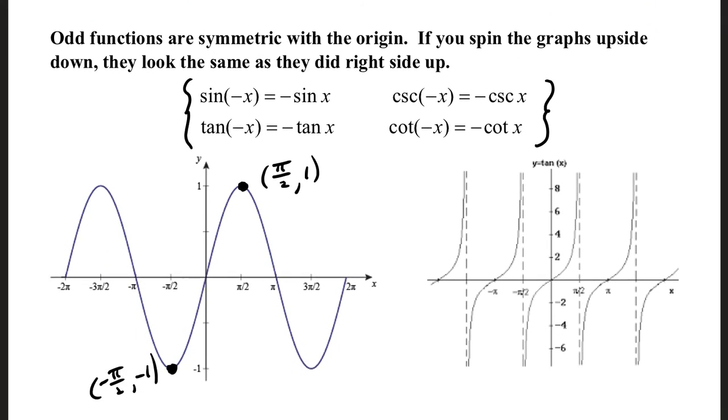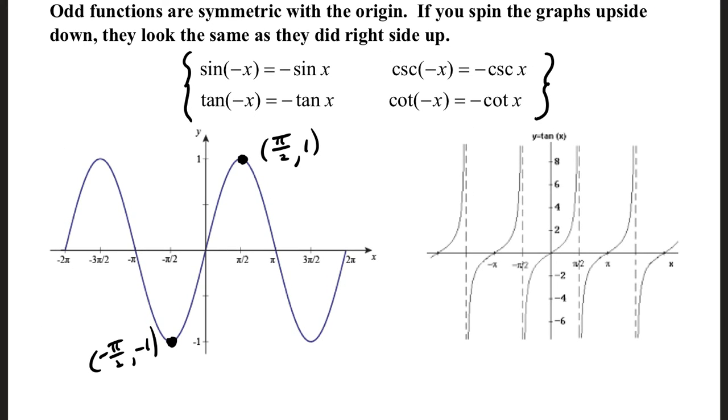Odd functions are symmetric with the origin. If you spin the graphs upside down, they look the same as they did right side up. The other 4 trig functions are all odd. Mathematically, what that means is sine of a negative angle is equal to negative of sine of its positive cousin.